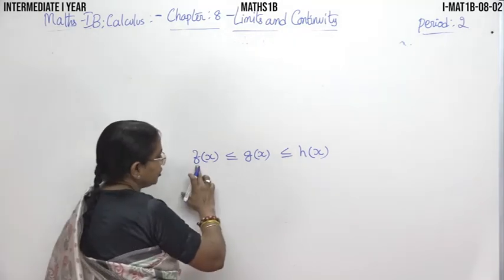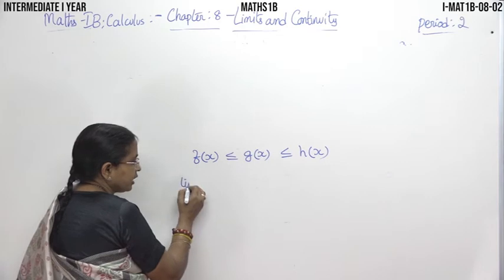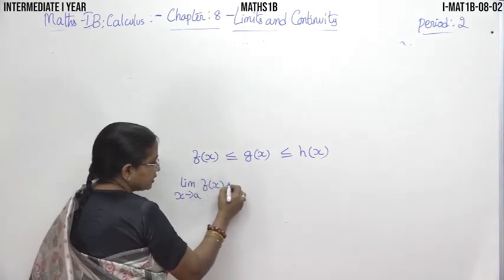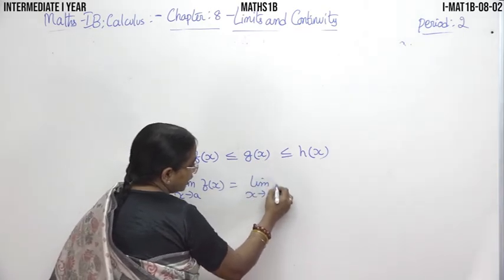I'll write the definition now. So f, g, h are 3 functions. Now suppose that limit x tending to a of f of x is equal to limit x tending to a of h of x.